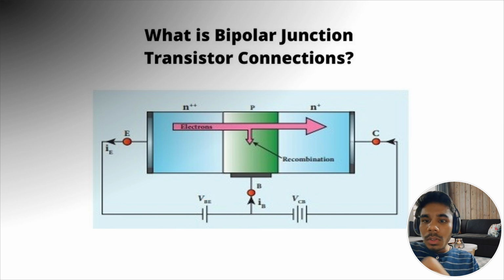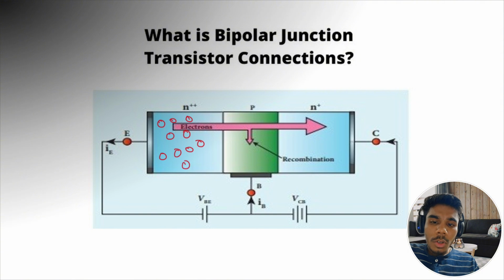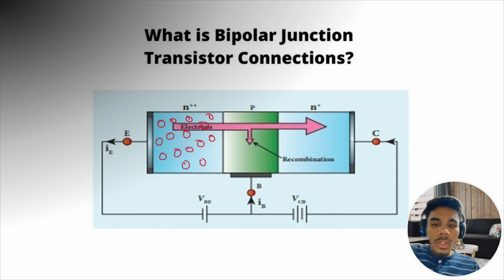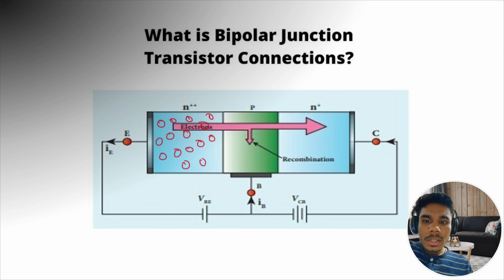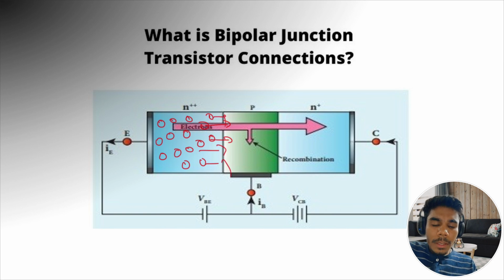Now, as we are connecting the EB junction in forward bias, and we studied earlier that the amount of carriers present in the emitter region is very large, I mean it is heavily doped. So the electrons will start flowing from the emitter region to the base region due to the forward biasing of the EB junction.